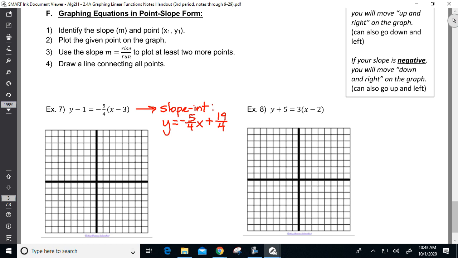So, let's do it using point slope form. So the first step, identify the slope, identify the point. So remember the slope, right there, we take it as is.